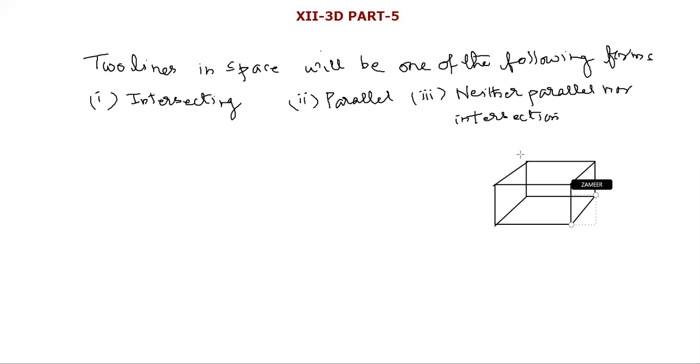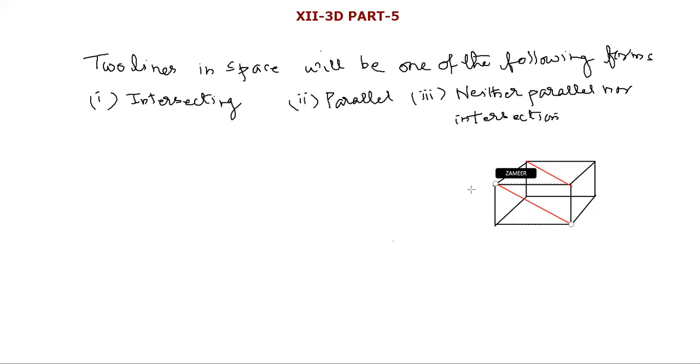Suppose a line is passing from this corner to this corner, on the top roof, passing along the roof. And another line is passing along this wall. Got it?